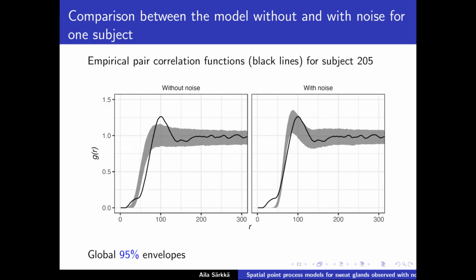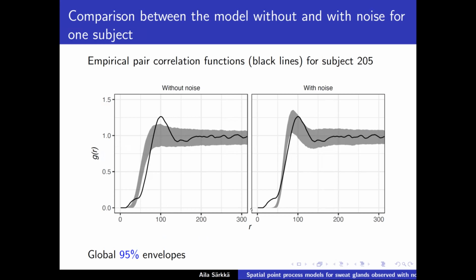And this is an example of what the goodness of fit of the models looks like. I think this was one of the healthy cases. Here you have the goodness of fit of the model without noise, and we saw that it didn't fit so well. If you take the noise into account, it fits much better. It catches the first peak, and it almost catches the first uphill.